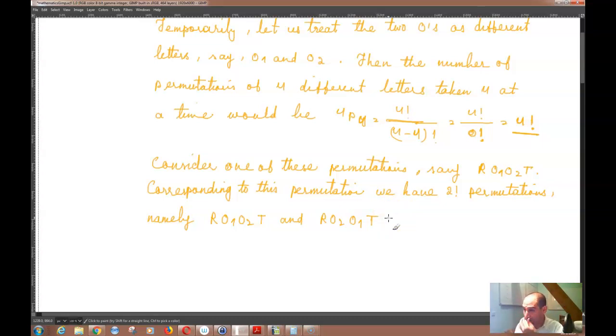Which will be exactly the same permutation if O1 and O2 are not treated as different. That is, if O1 and O2 are the same O's at both places.